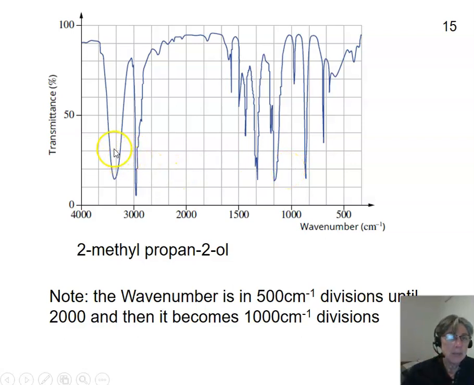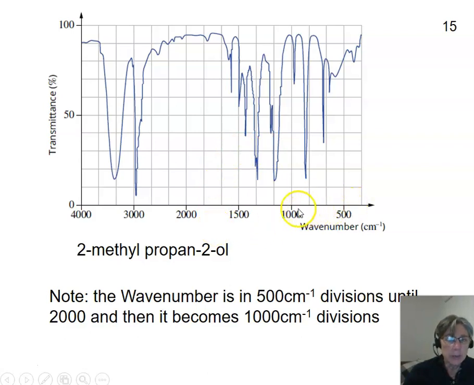Whereas this peak here is for a particular functional group, the OH hydroxyl functional group. So if you've got an OH and that's the only functional group you've got, then you are an alcohol. But there are a whole lot of different alcohols. All alcohols will have this functional group, but they'll have a different fingerprint region.